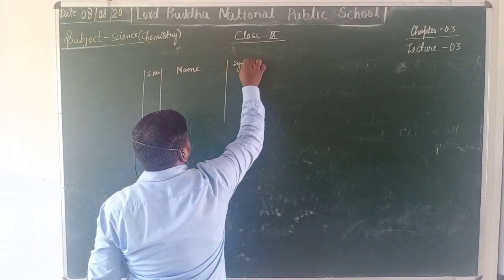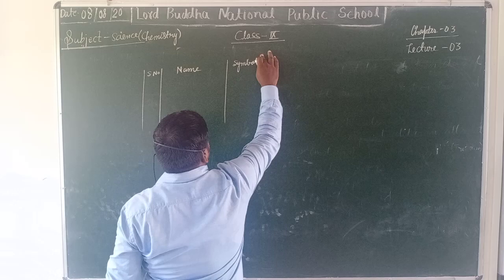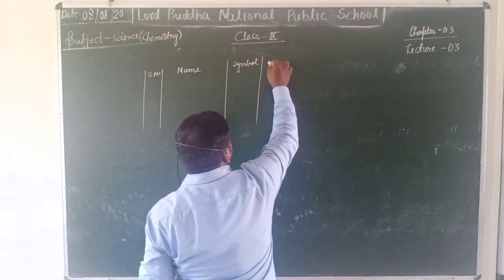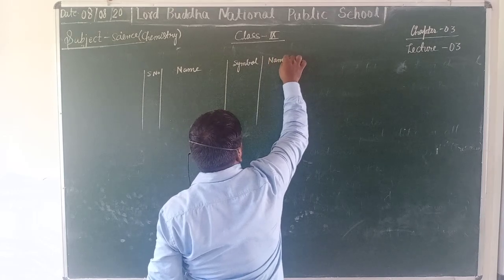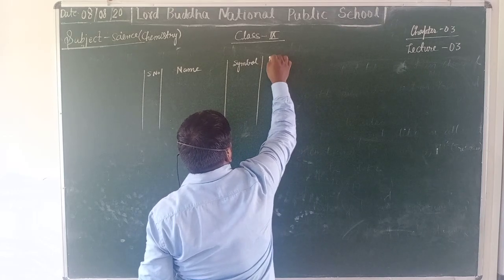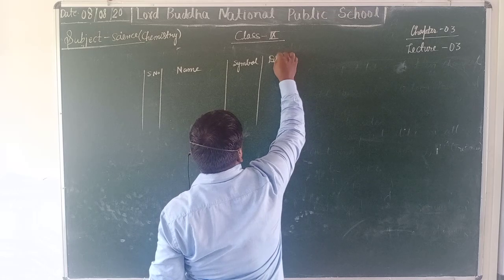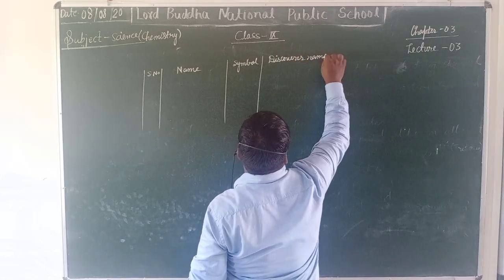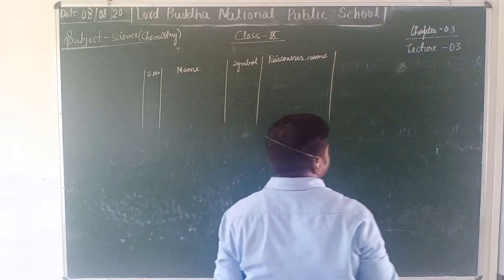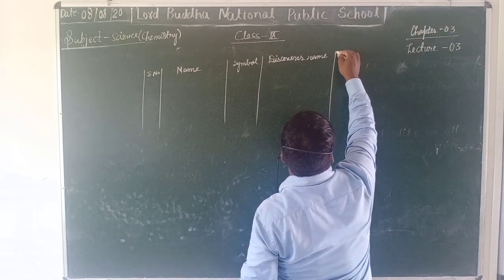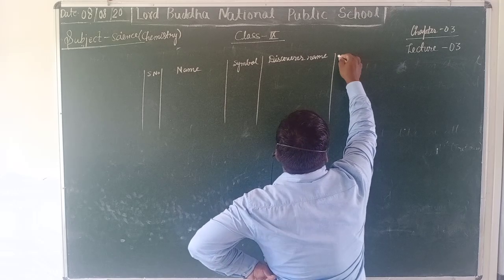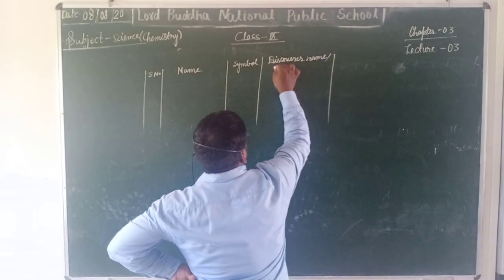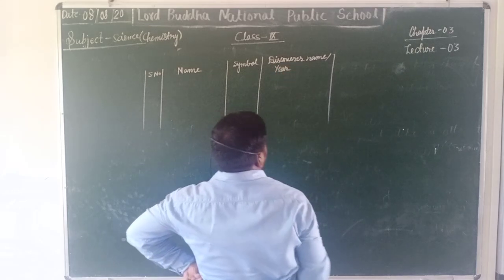Symbol through which it can be represented. Name of discoverer, or you can write a discoverer name with year of discovery.